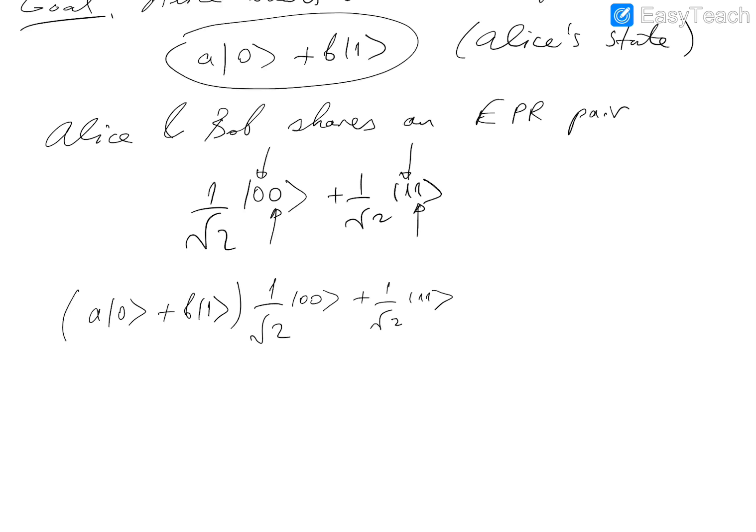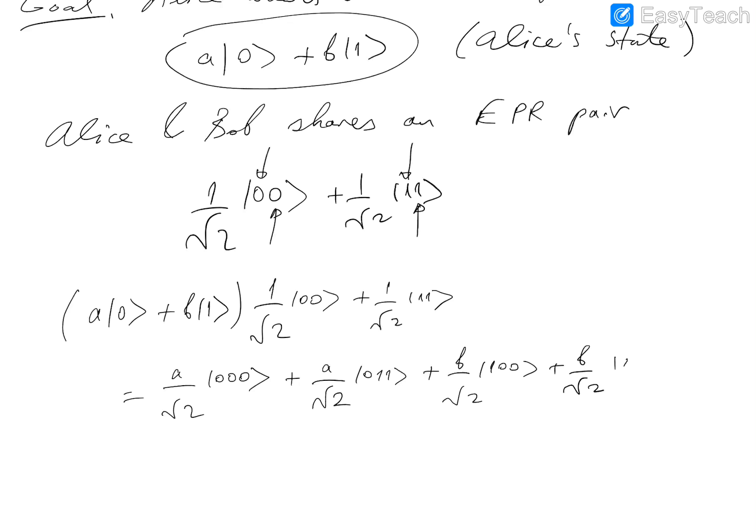If we distribute this, what we get is a three-qubit state: a over square root 2 |000> plus a over square root 2 |011> plus b over square root 2 |100> plus b over square root 2 |111>.